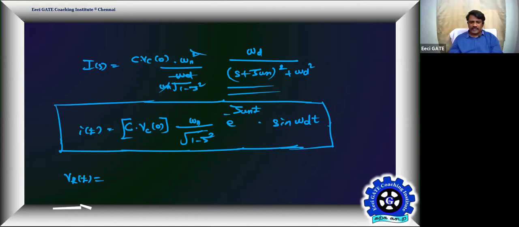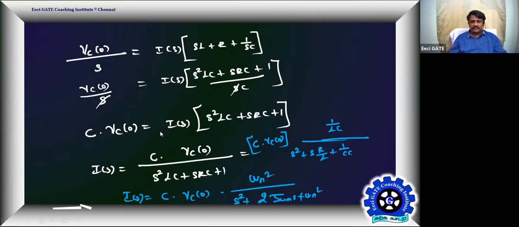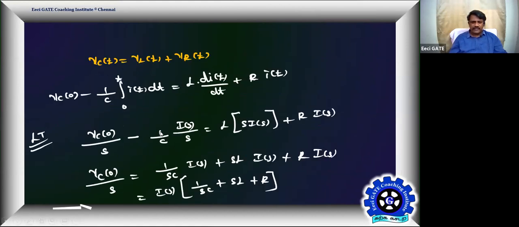Do you want to integrate the current and do it, or quickly find VR and VL and then do it? VR is easy. VC(t) is only the route through VL(t) plus VR(t).